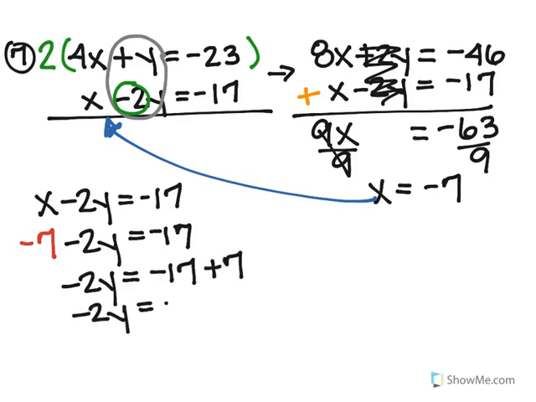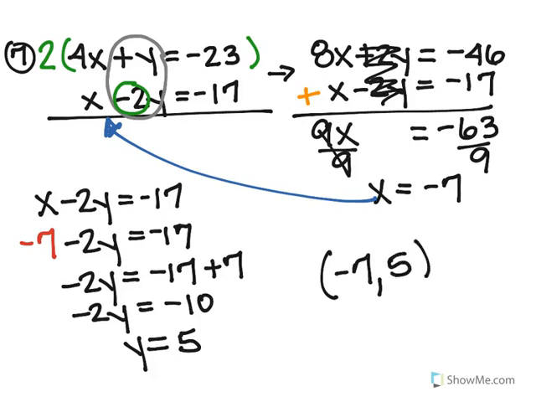Negative 2y equals a negative 10. Divide by negative 2, and y equals 5. So our ordered pair is (negative 7, 5). That's our point of intersection.